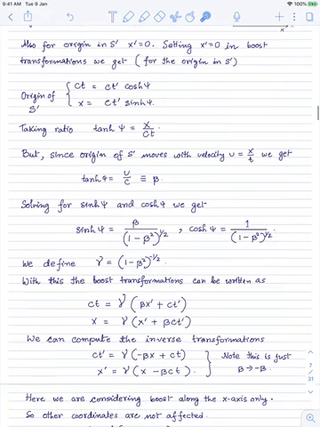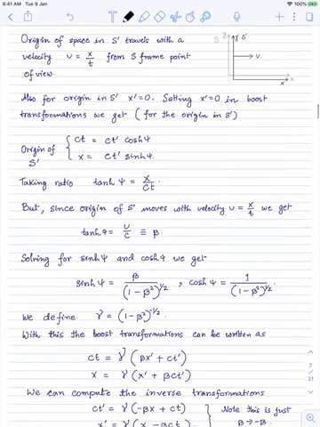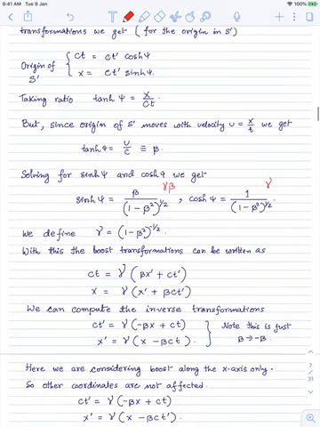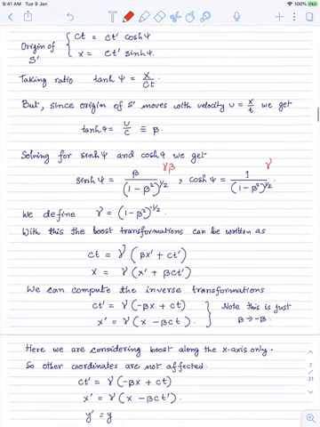So if I now write the sinh and the cosh, sinh is just gamma times beta, and cosh is just gamma. I can take this and plug it back into the expression of the transformation, and then I have this set of transformations.